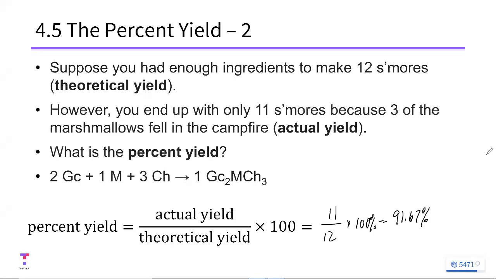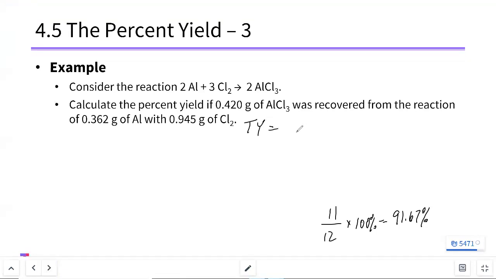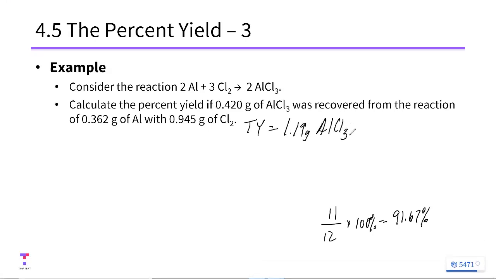Now that translates into the chemical world as well. Remember this problem? We just did it about 10 minutes ago. In that problem, we determined that the theoretical yield was 1.19 grams. And if you don't believe me, we can go back and look.